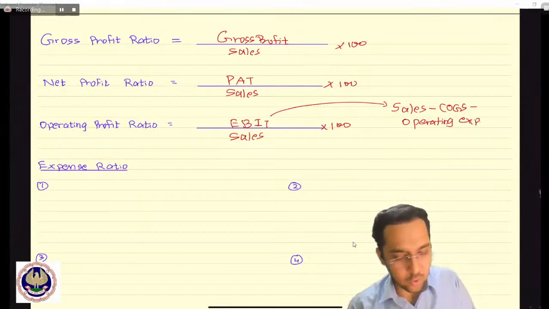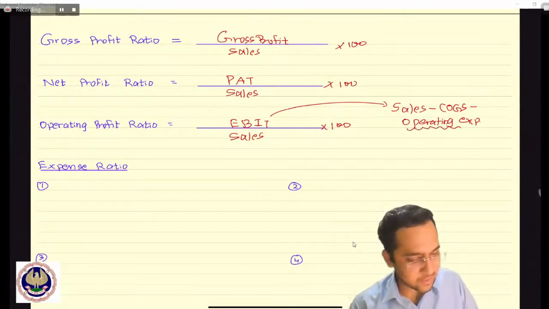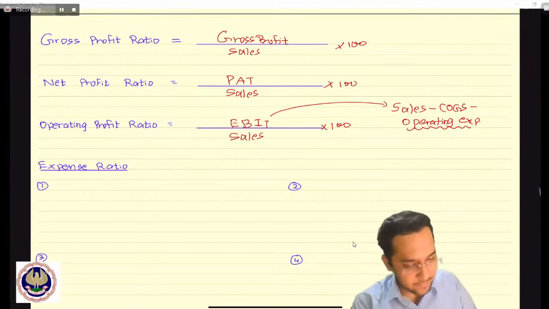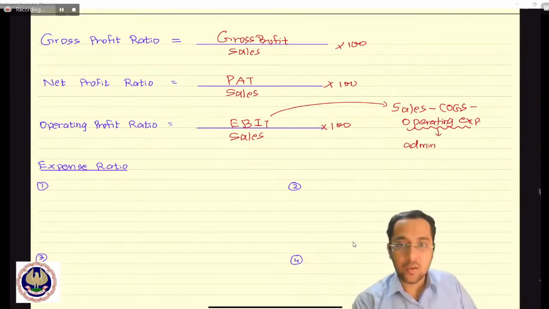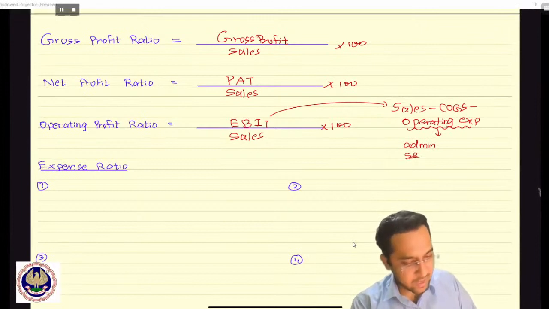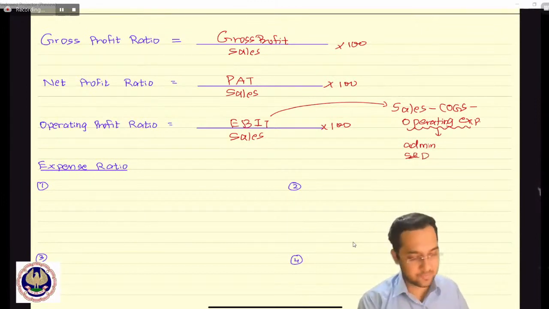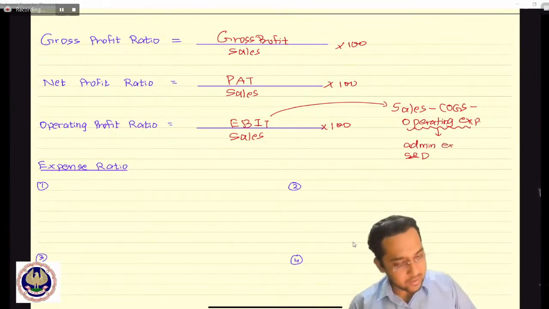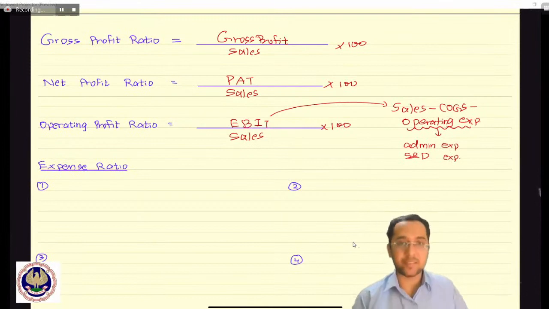Sir, what is included in operating expenses? In the operating expenses, you have admin expense, you have selling and distribution expense, right? So operating expenses include two things: one is your admin expense and the other is selling and distribution expense.